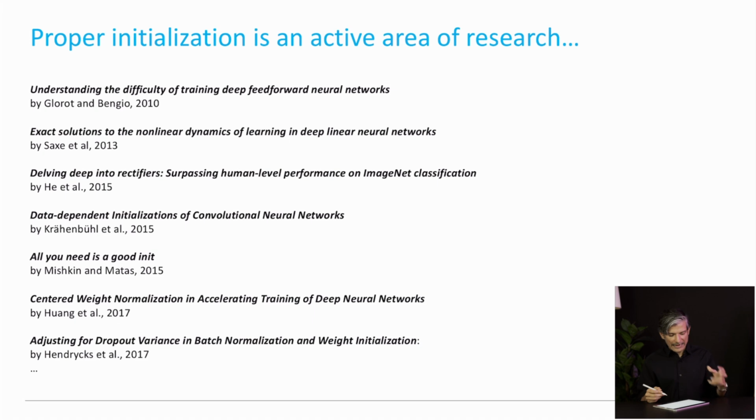And this is still an active research area. I haven't updated my slides too much, but till 2017 there were people still studying the best ways to initialize your neural network. And as networks get more complicated, for diffusion models, for LLMs, which we'll talk about later, weight initialization still plays a very critical role.